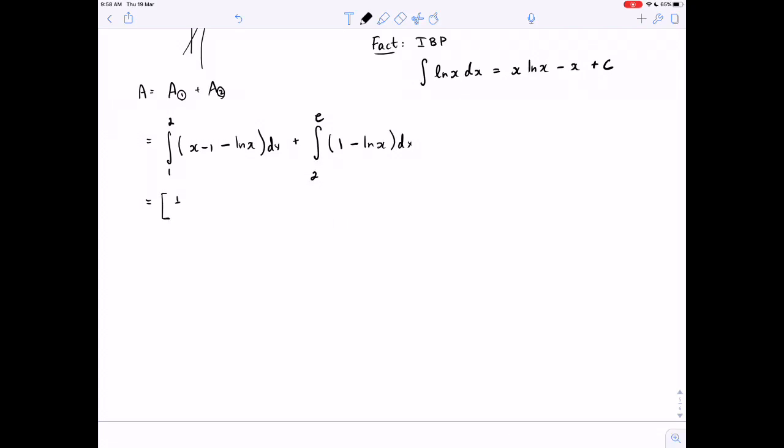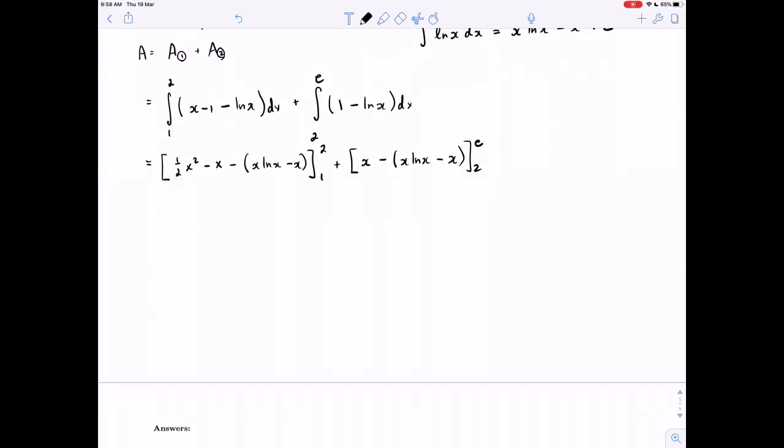Integral of x, 1/2 x squared, antiderivative of x, minus, and we're going to use what we just wrote up top, x ln x minus x. That first integral is evaluated from 1 to 2, plus the second integral, antiderivative is x, and again minus x ln x minus x, and this will go from 2 to e.